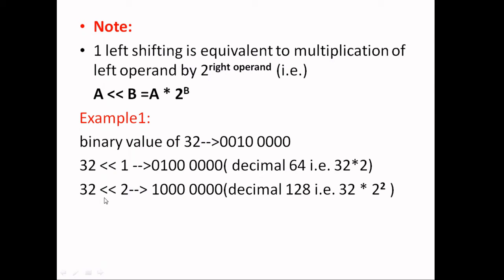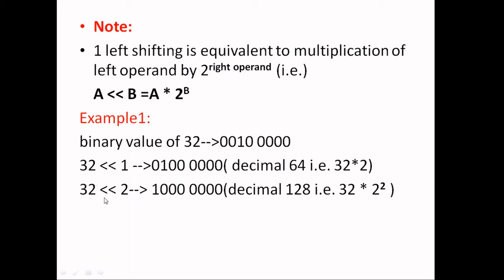So according to this formula, we have A into 2 power B. The value of B is 2. The value of A is 32. 32 into 2 power 2, that is 32 into 4, it is 128. Again, the binary equivalent of 128 is this. So it verifies.